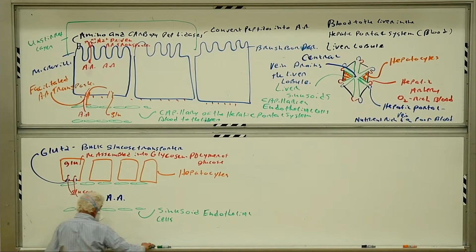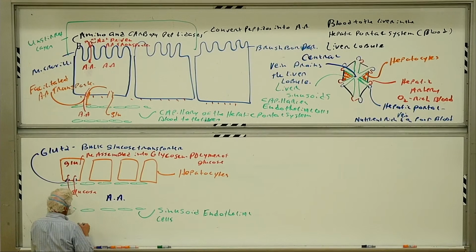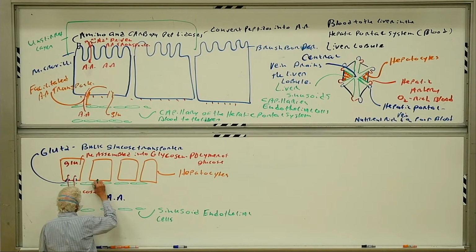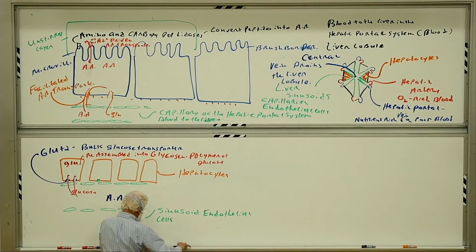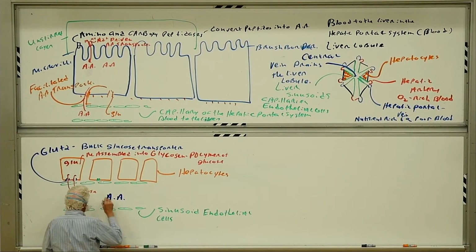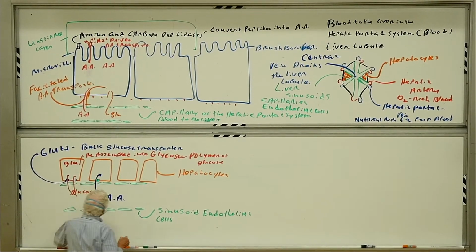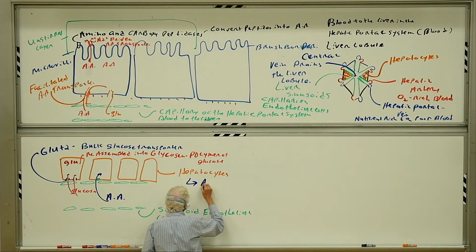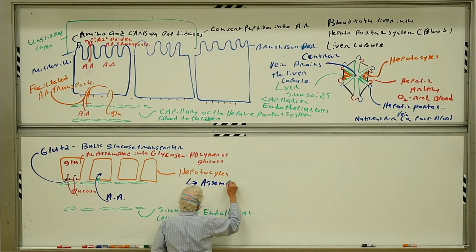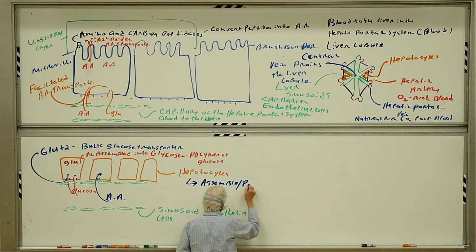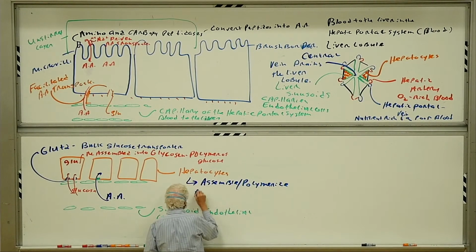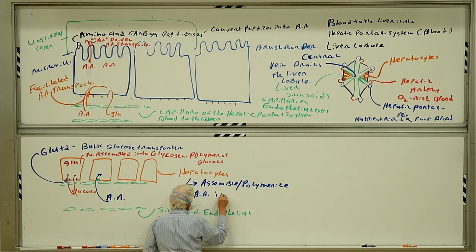Similarly, there will be facilitated transporters for amino acids. And these amino acids now can leave the blood vascular compartment in the hepatic portal system and be taken up into the hepatocytes. And the hepatocytes will now assemble, a better word is polymerize, amino acids into protein.